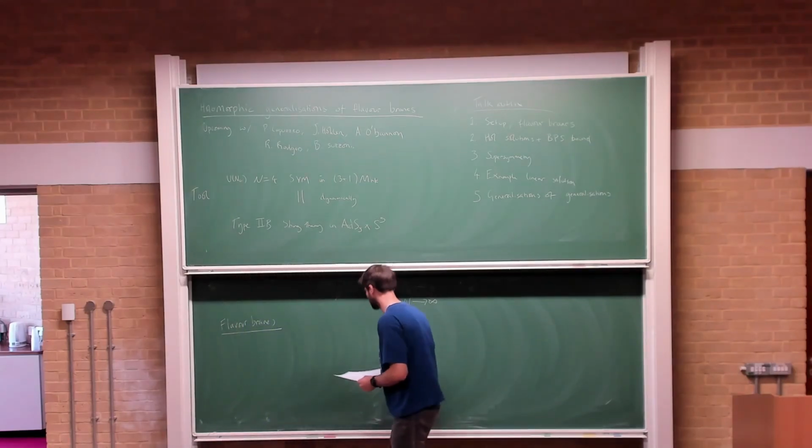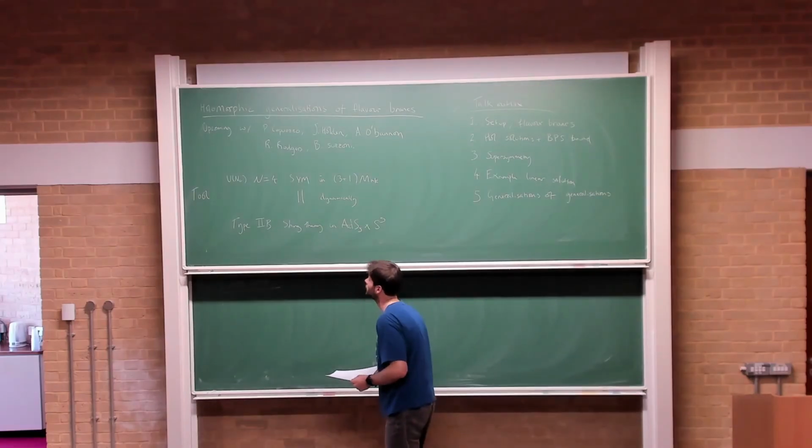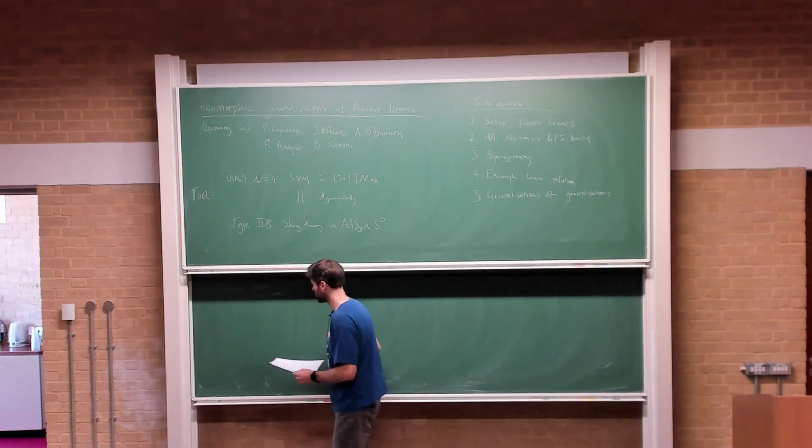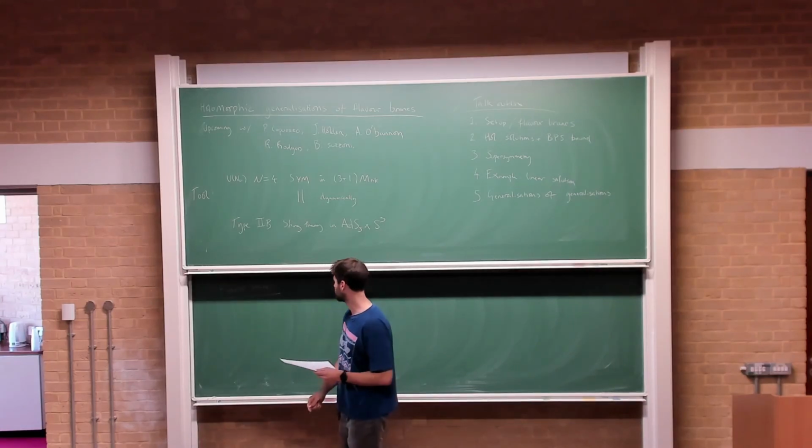So the basic idea is as follows. We'll start off by just writing down the metric of AdS5 cross S5.